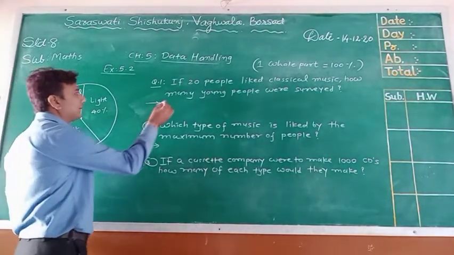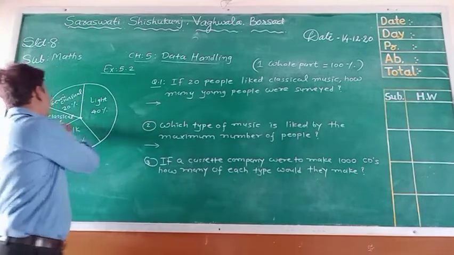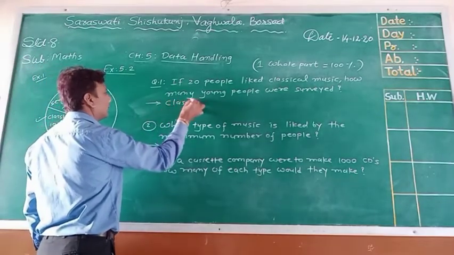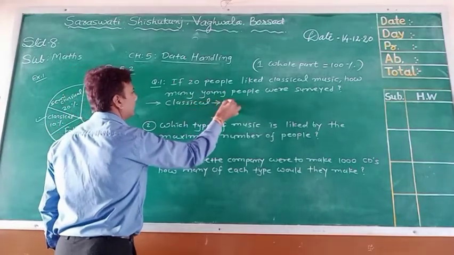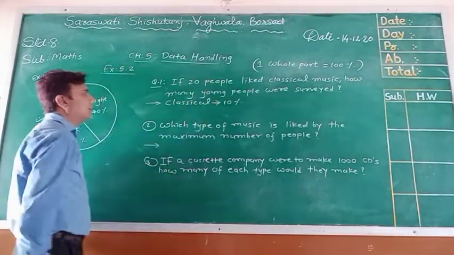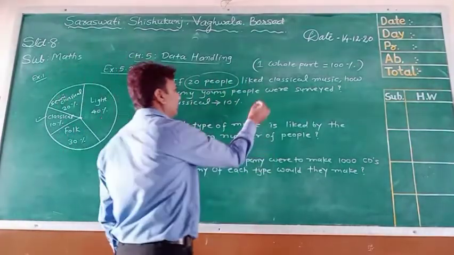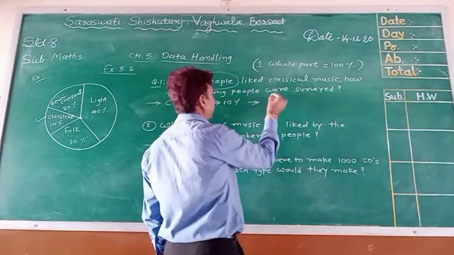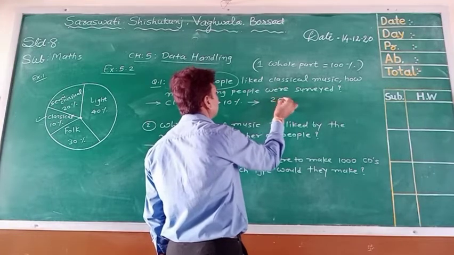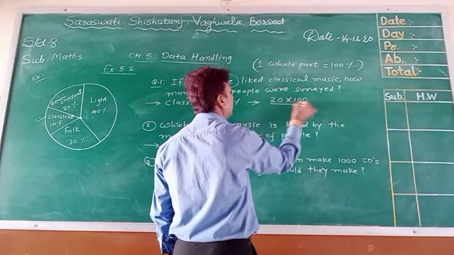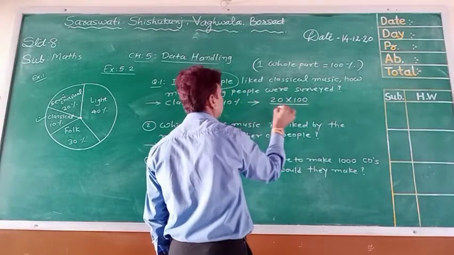So here simply this is 10% for classical music, and 20 people like it. So we can write 20 people times 100 upon this 10%.